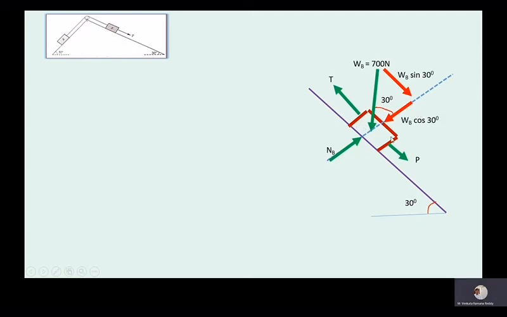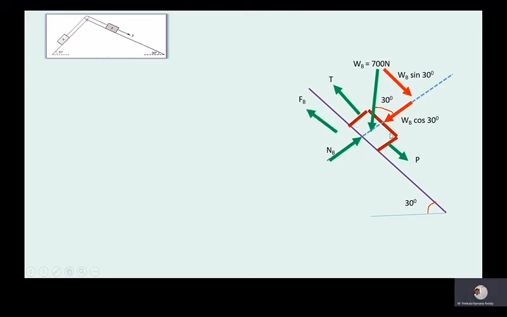Now we'll consider the equilibrium of this block. Because the block tends to move down because of applying the force P, the frictional force acts up along the incline.